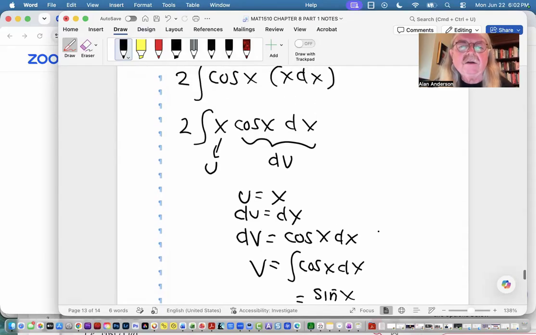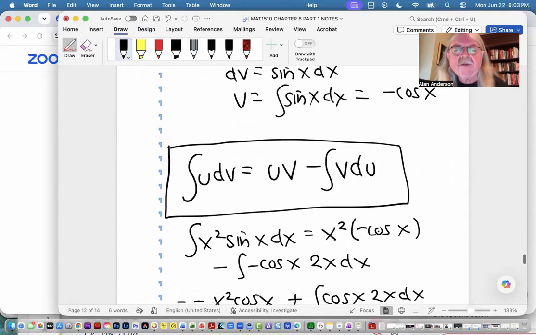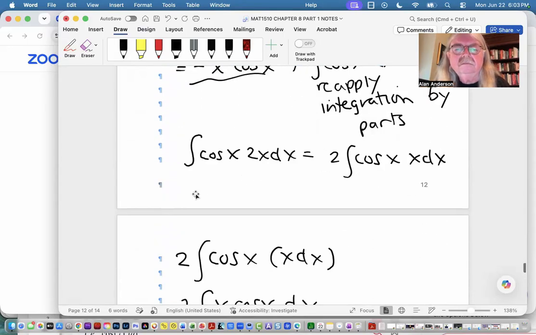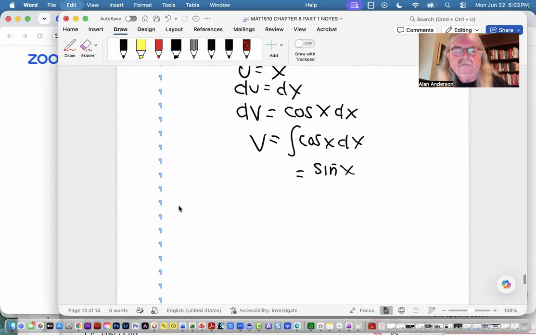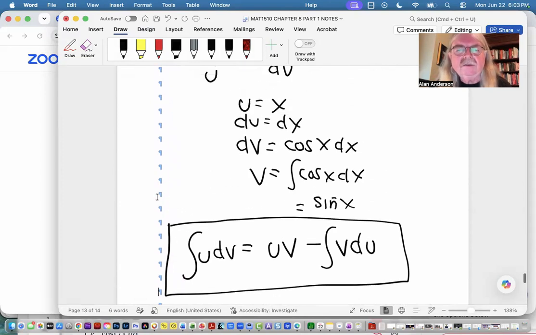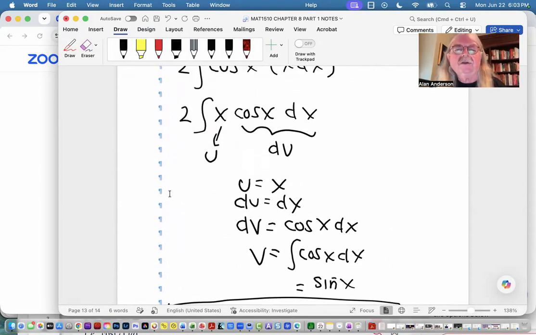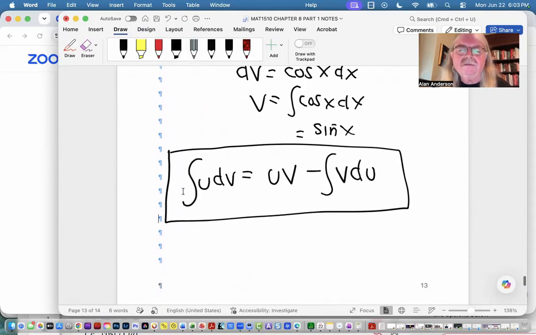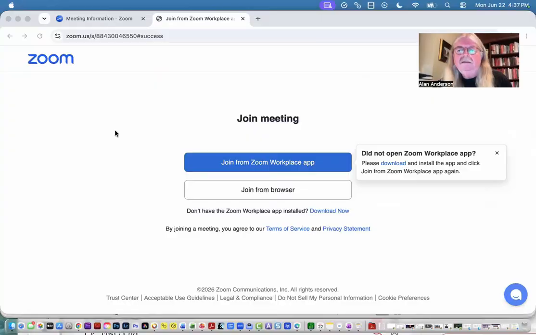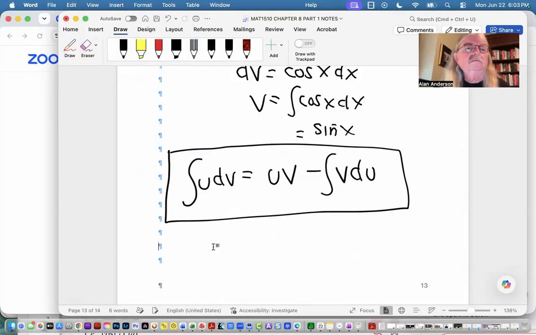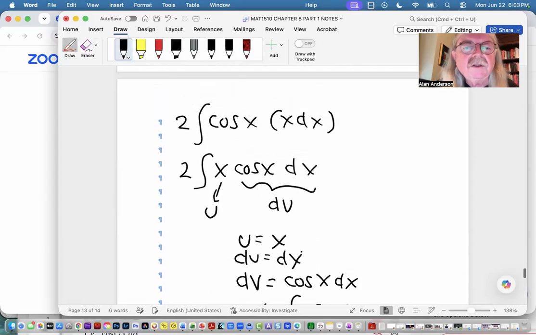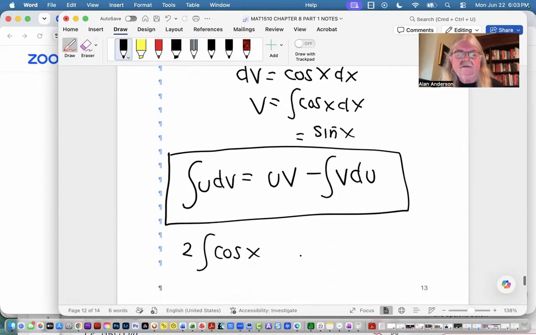So let's go get our rule back, in case we haven't memorized it yet. And let's find out what this is equal to. So don't forget the 2 is there, though, that we're keeping that on the outside, but we don't want to lose it. Okay, so we start out with 2 cosine x, x dx.